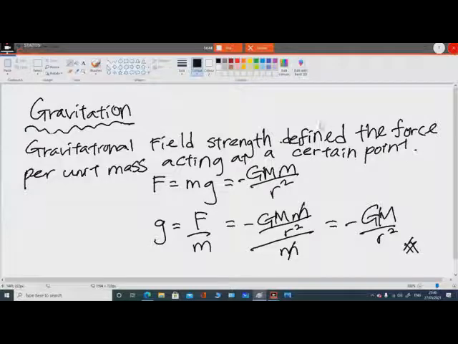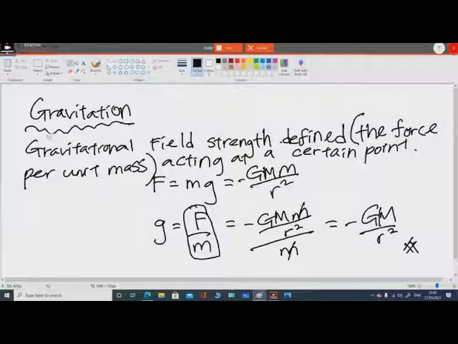These are the keywords here: the force per unit mass, which is GMm over r squared divided by m. So this is our explanation for gravitational field strength.